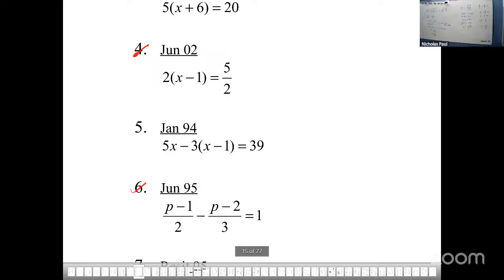Come on. You're making a subject of the formula, right? So technically you're doing that here again. Try number 4 and number 6.